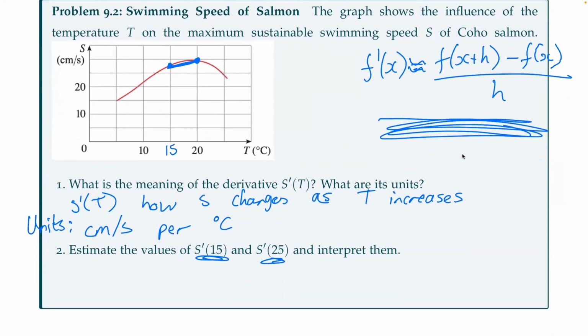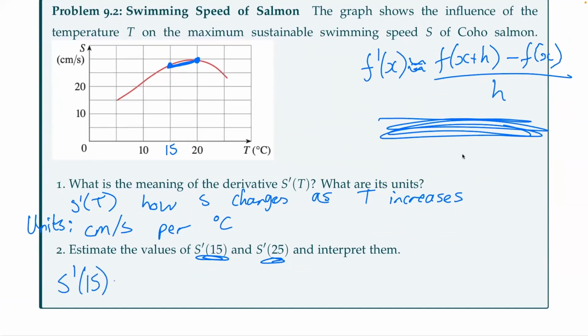So our derivative when t is 15 is going to be approximately equal to, what do we have? We have our s value when t is 20 minus our s value when t is 15, over the difference in our t values, so 20 minus 15. So what have we got here?